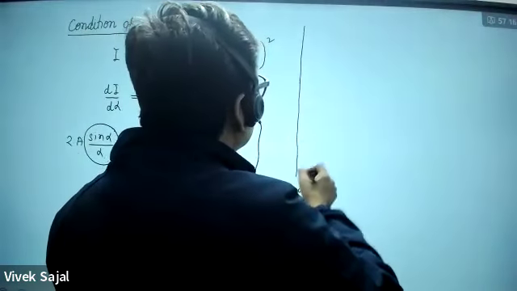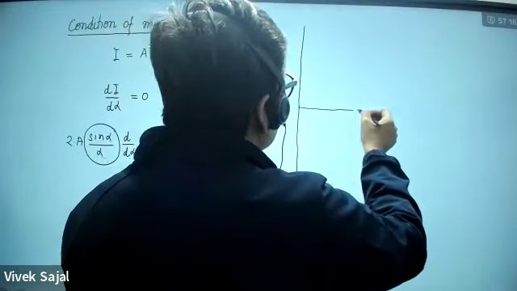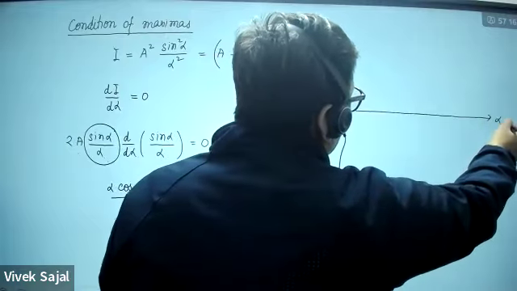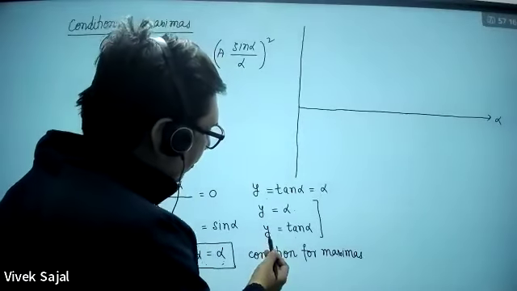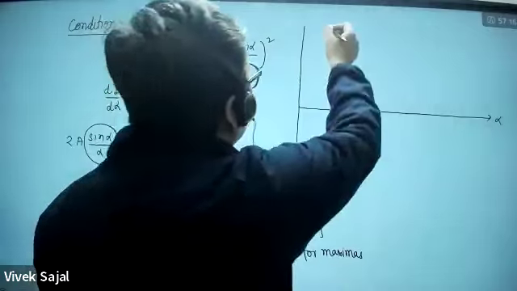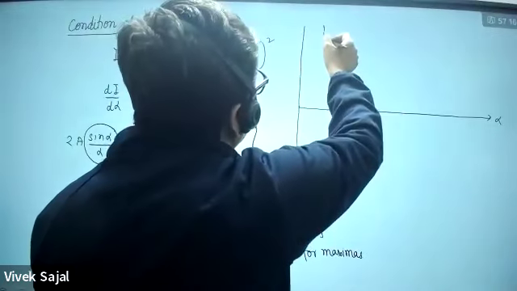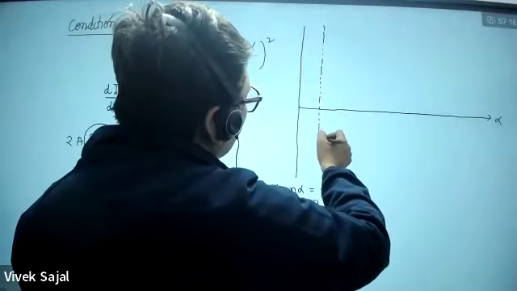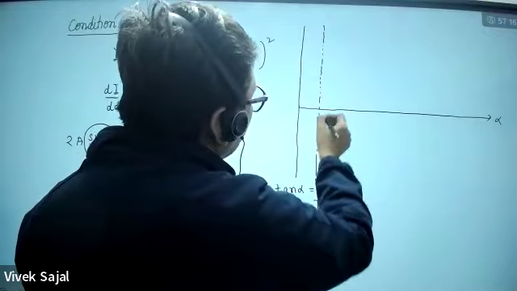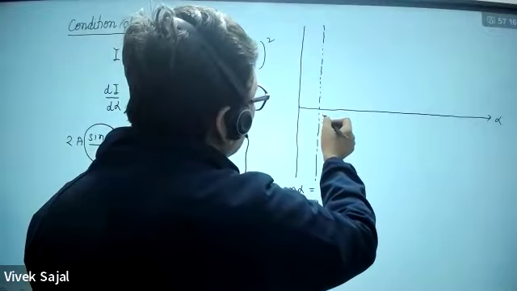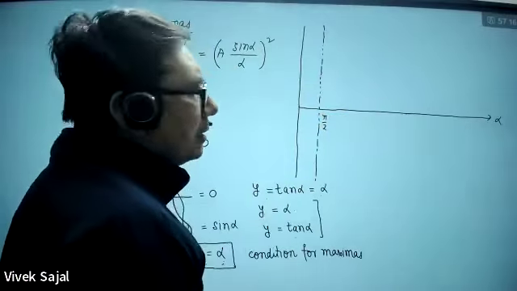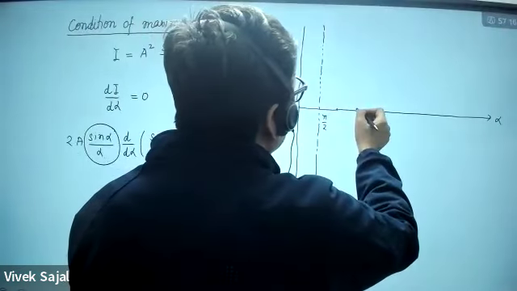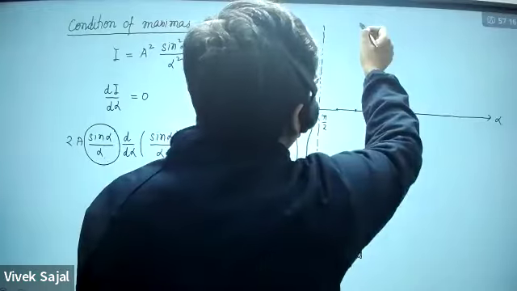So you are going to plot it here. This is the y-axis, and this is alpha. You want to plot y equal to tan alpha. First, this line is corresponding to pi by 2, then there will be pi here, and then 3 pi by 2.